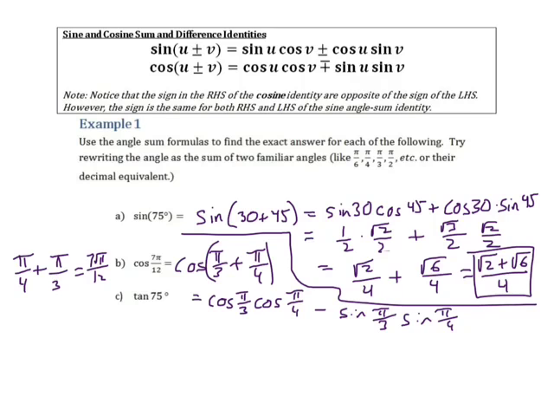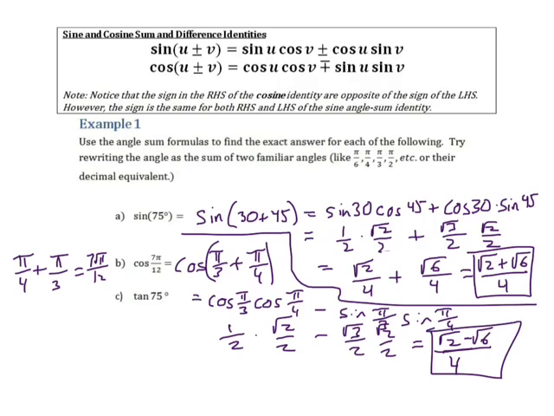The cosine of pi over 3 is going to be a half, times root 2 over 2, minus the sine of pi over 3, which is root 3 over 2, times root 2 over 2. After doing the arithmetic here, this ends up being root 2 minus root 6, and I'll let you work that out, all over 4.